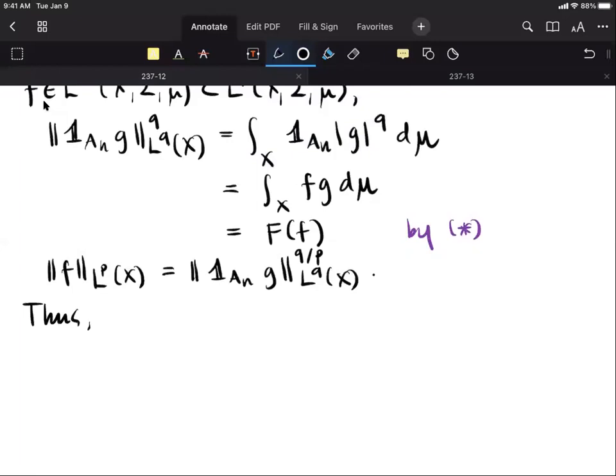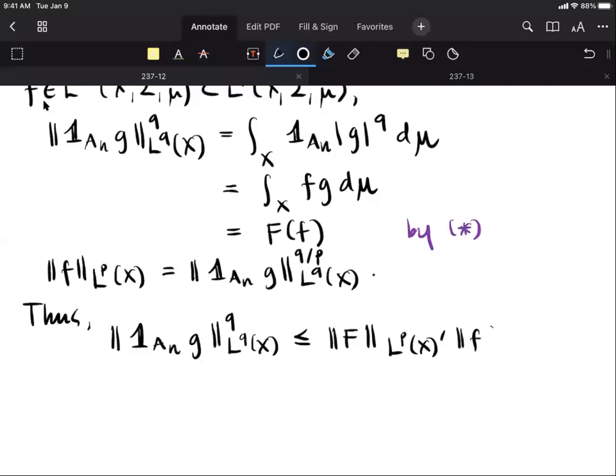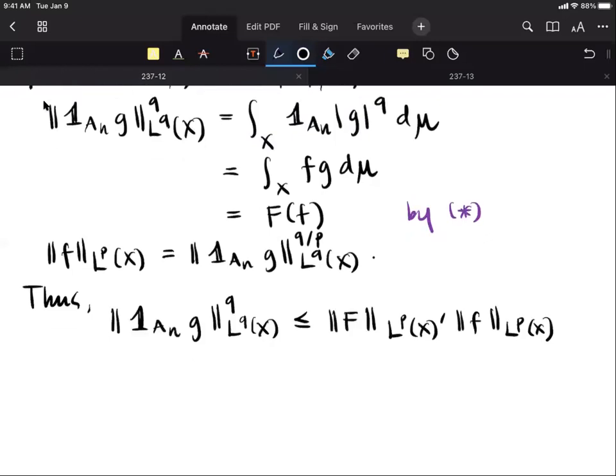Using this, we can now conclude that, applying the property of the dual norm, this is the LP prime norm times the LP norm of F, and this is less than or equal to the first term as is, and the second term is this one.